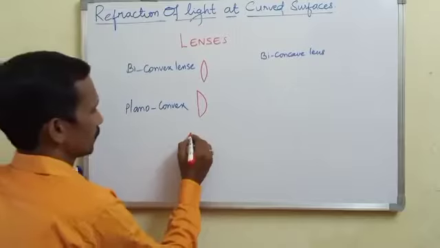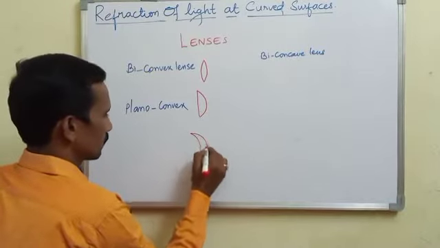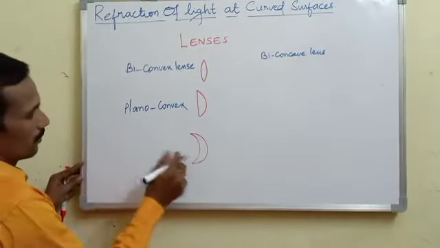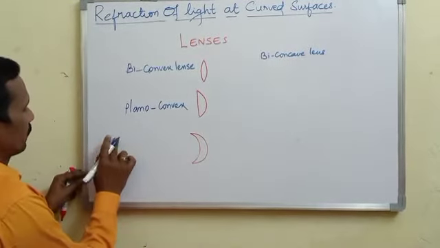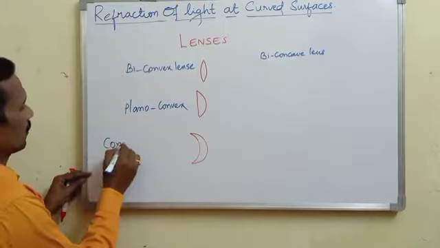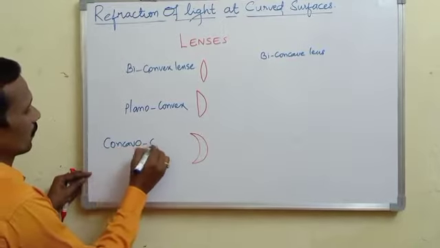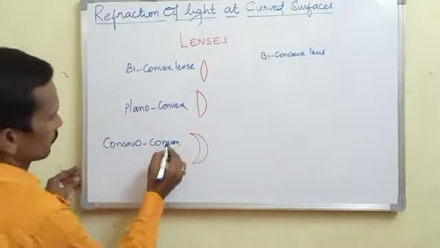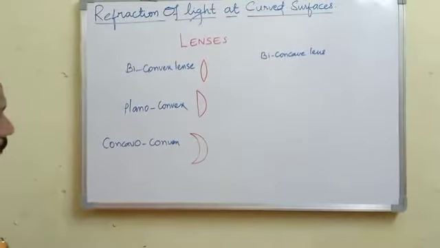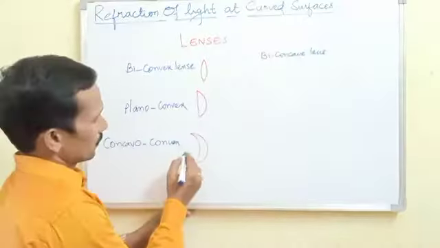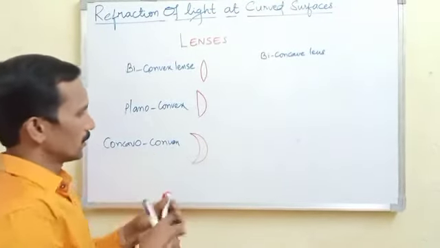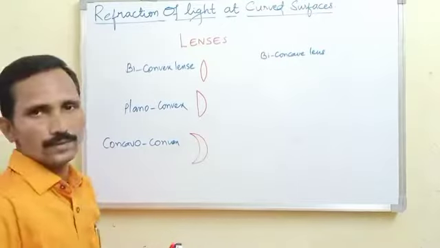And the other one, what is the shape? Concave. Concavo convex. Here this side is curved inside, concave, and the other is bulged outside, convex.